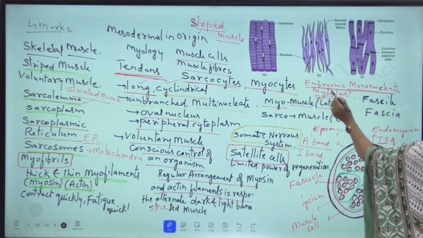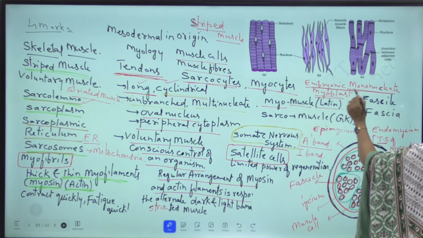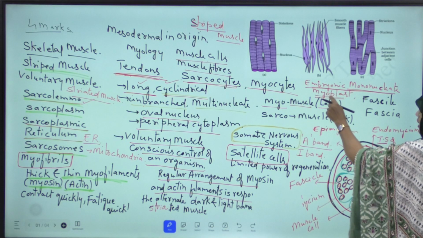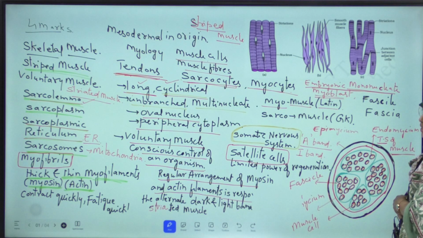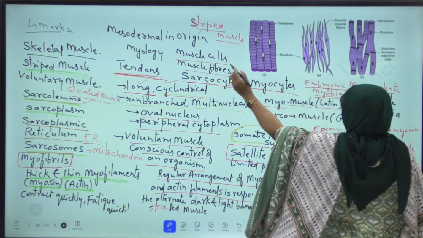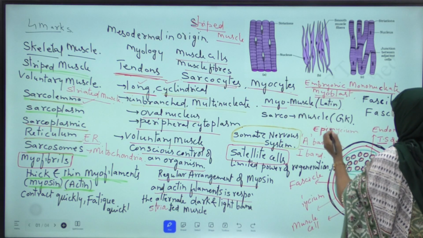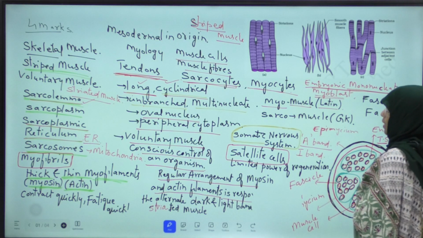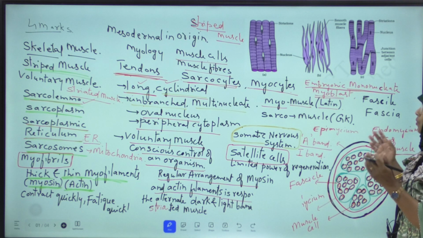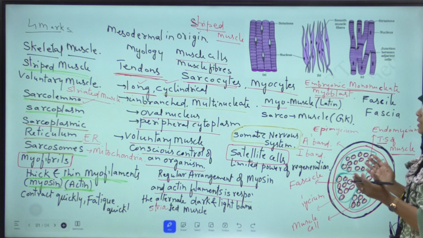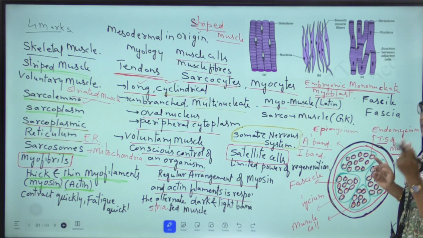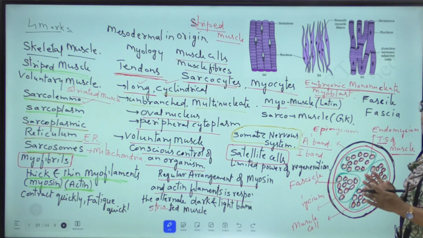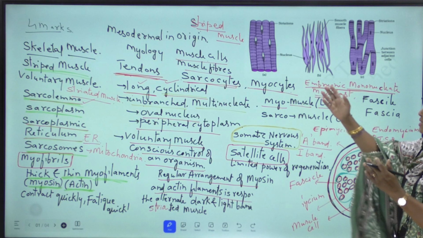Each embryonic myoblast consists of only a single nucleus. How are these muscle cells formed?